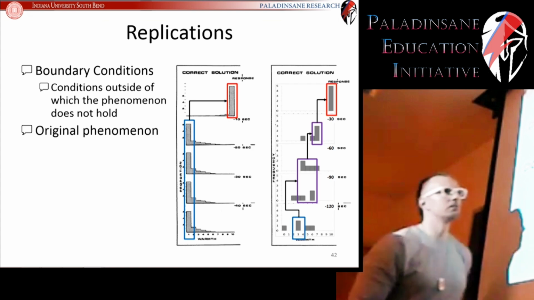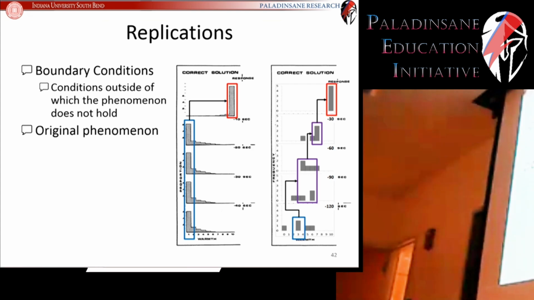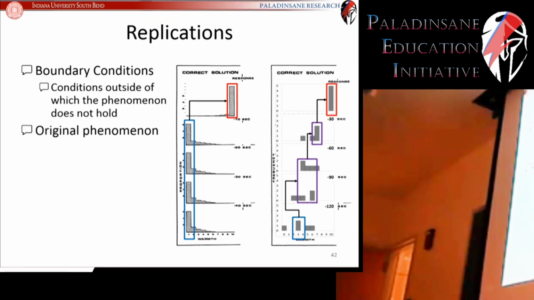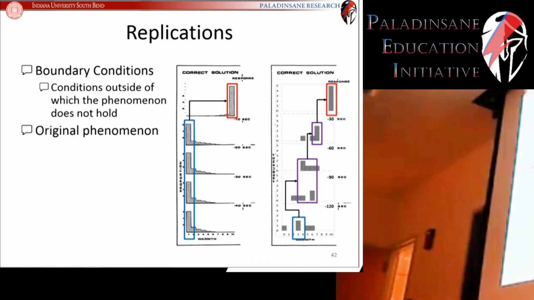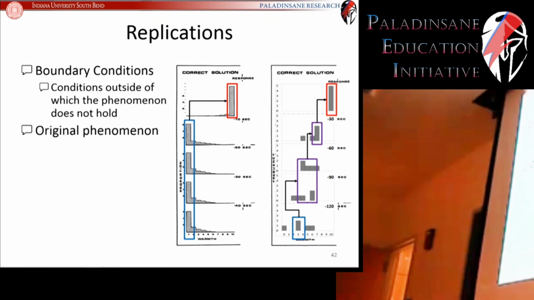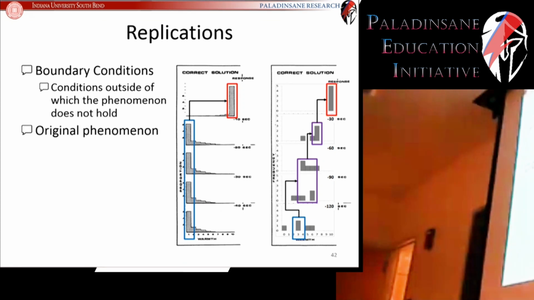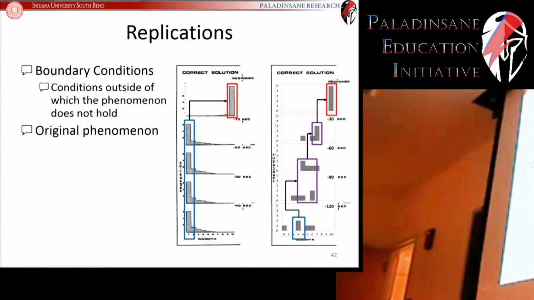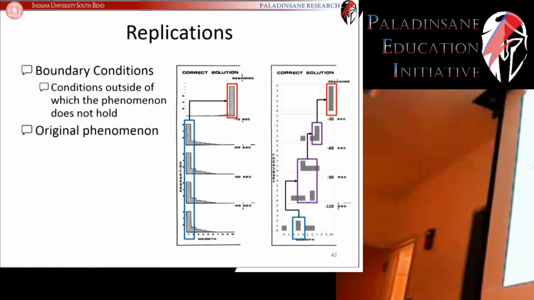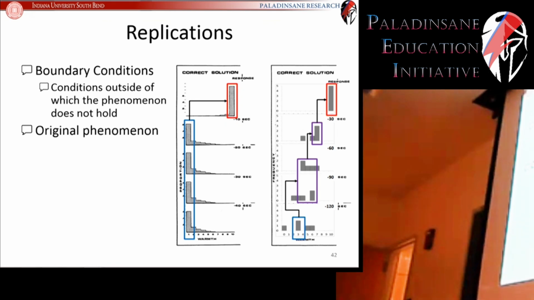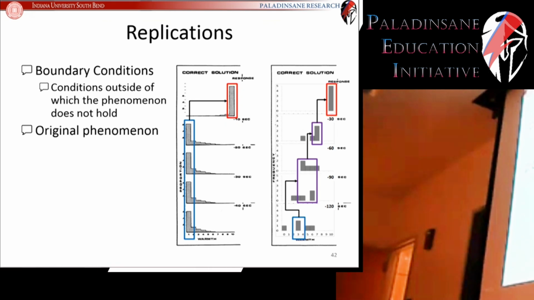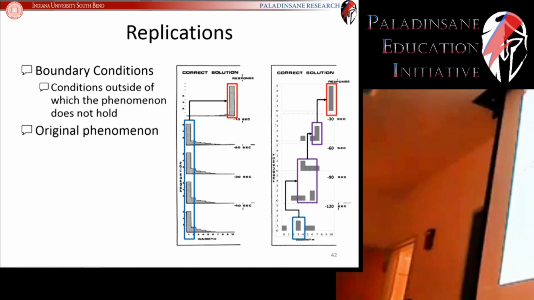So if you take a look at our results for people that achieved the correct solution, these are our results over here. These are Janet Metcalf's results. What Janet Metcalf found was that if you solve the problem correctly, you would have no feeling of warmth, no feeling of warmth, no feeling of warmth, and then boom, you would have that feeling of warmth.